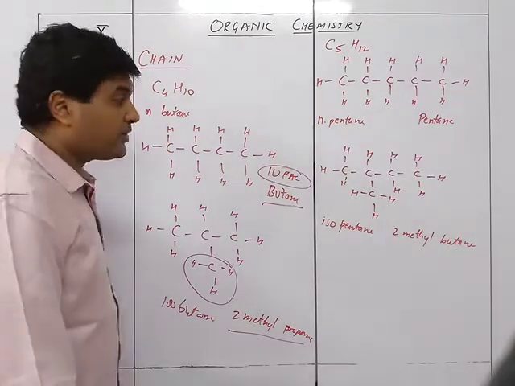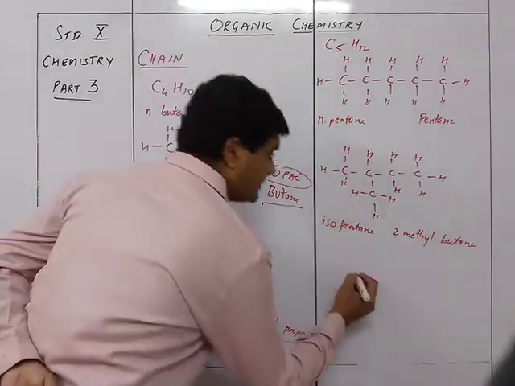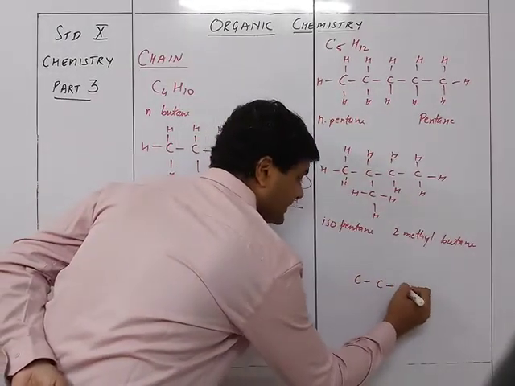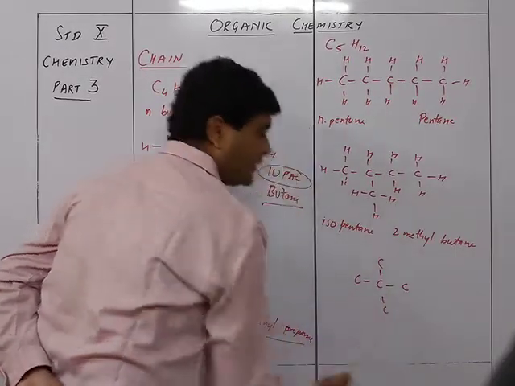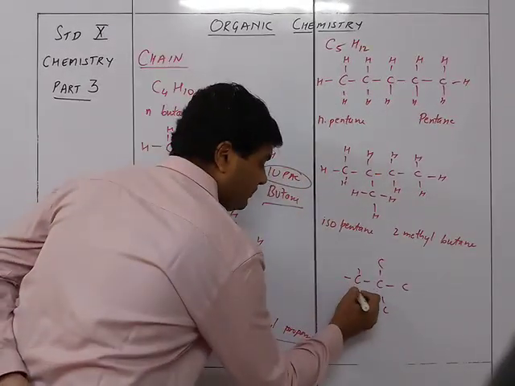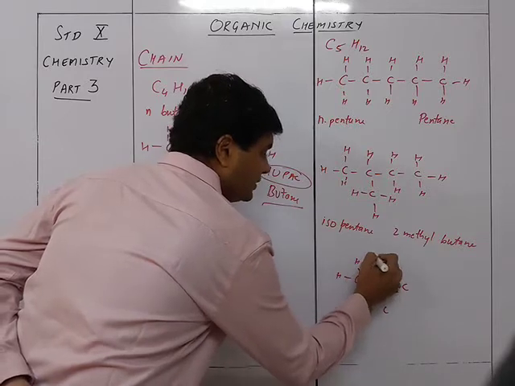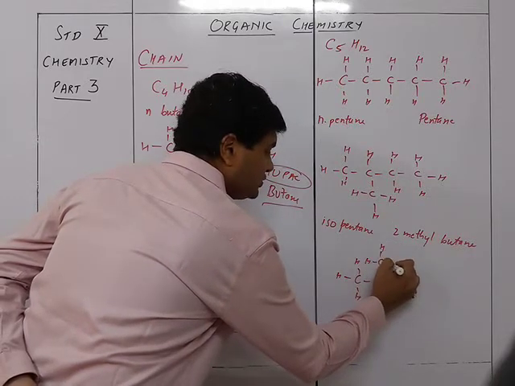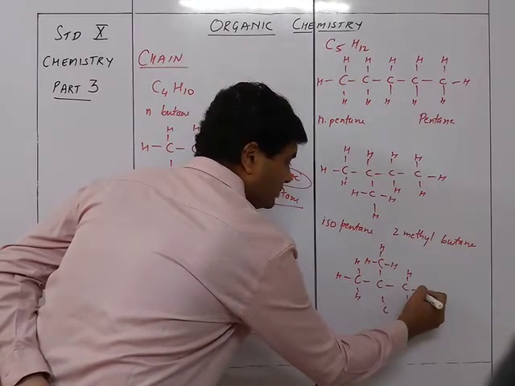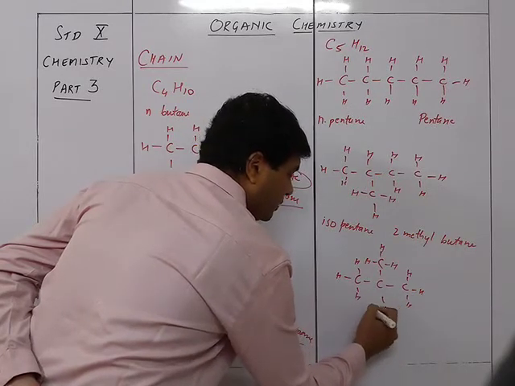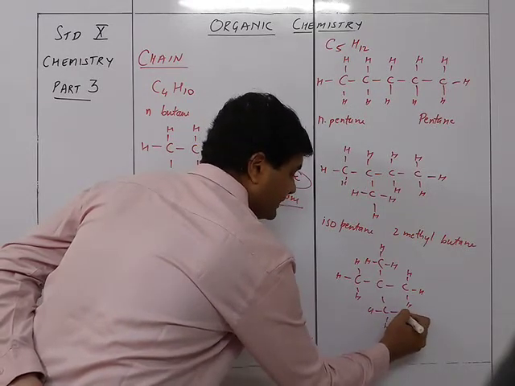The third isomer in this case is that the C's are like this, with 1 C on each side, over here like this. So there will be 3 H's on each of the branch carbons, and the same here.